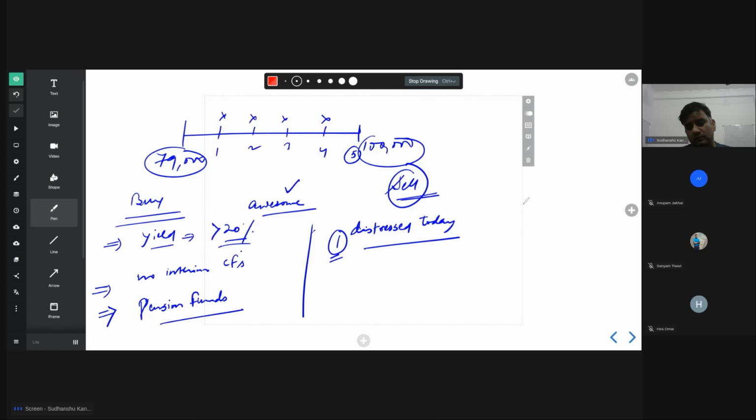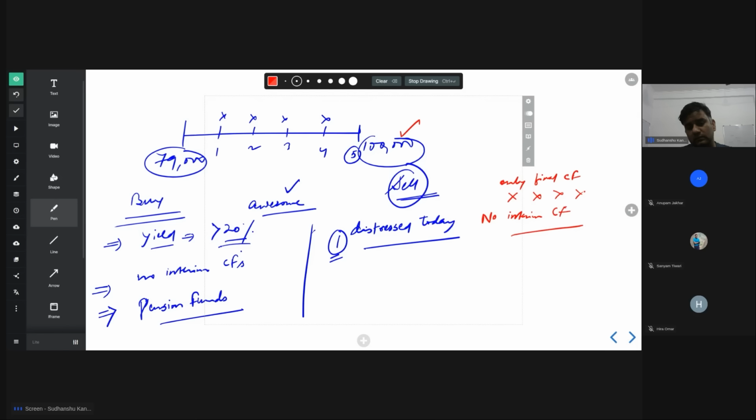Since it does not have any interim cash flows, only the final cash flow, which is this one, no interim cash flow, zero coupon bonds mathematically are quite easy to understand.